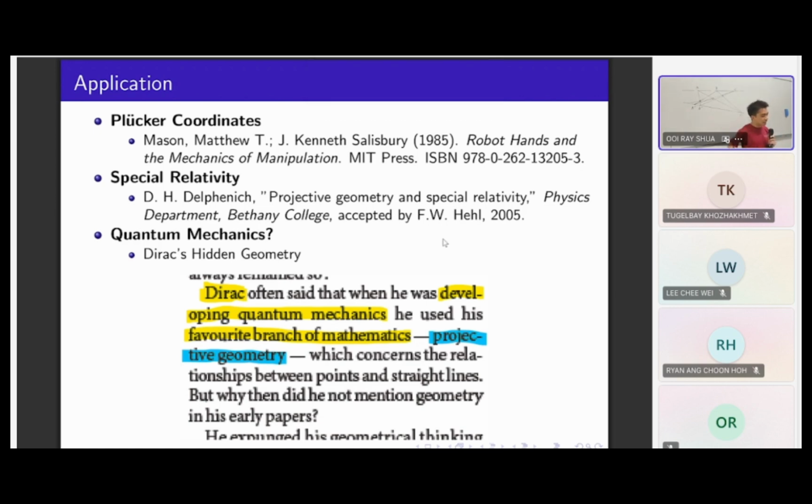And then lastly, I'm not sure about this QM part, but I have heard of projective Hilbert spaces, so I guess that could be useful there. Also interestingly, Paul Dirac, when he was developing quantum mechanics, usually thought of it from a projective geometry point of view. You can all read it up later. I'm just trying to say this idea is not very out there or anything.